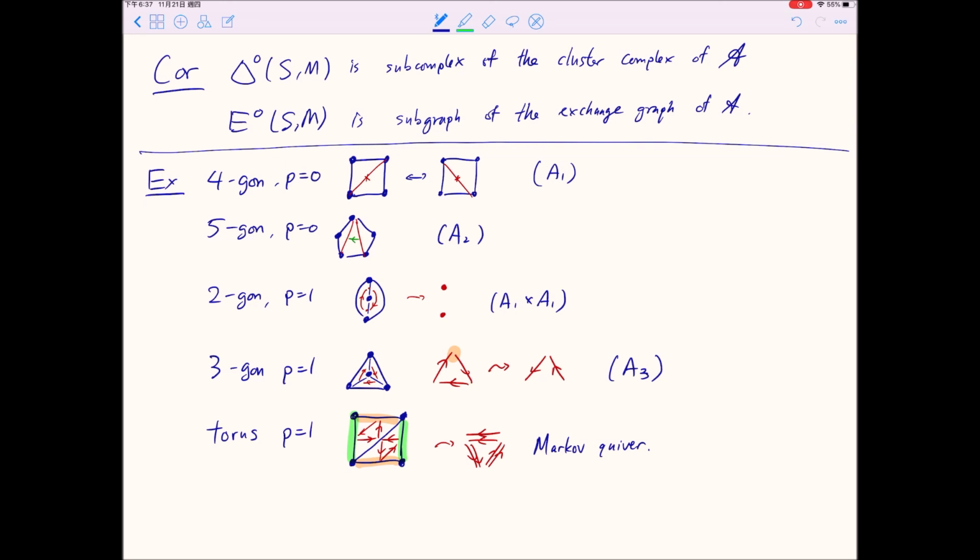These are very small rank examples, so let's look at some families. We have already seen previously that type An cluster algebra arises from the triangulation of an (n+3)-gon with no punctures, and type Dn comes from an n-gon with one puncture.